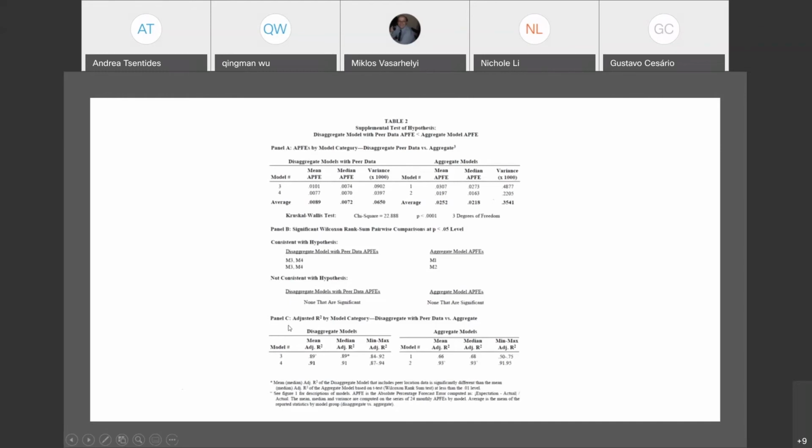This is also reflected in the adjusted R square. The mean for model 3 is much higher in the disaggregated model than in the aggregate model. Although for model 4 there's a little bit of a difference in the adjusted R square, with the aggregate model a little bit better at predicting the data, they're still both very high. So that's a very good fitted model.